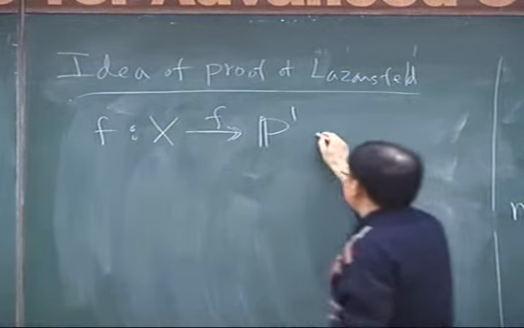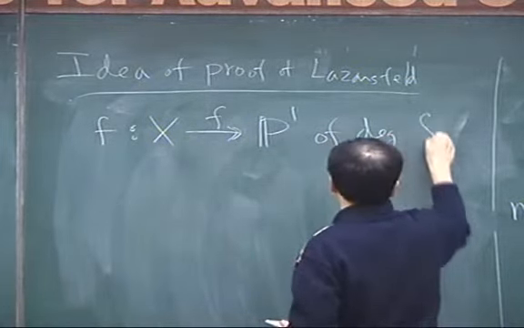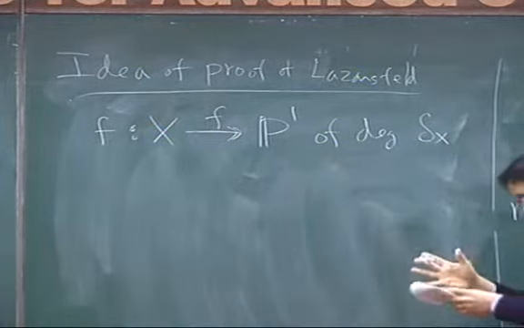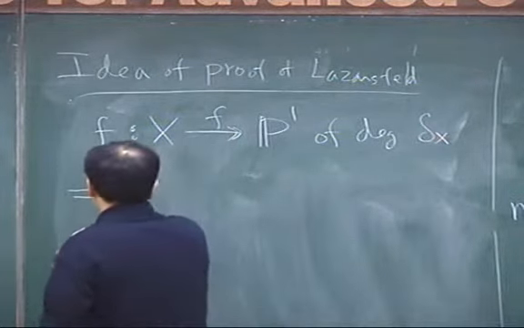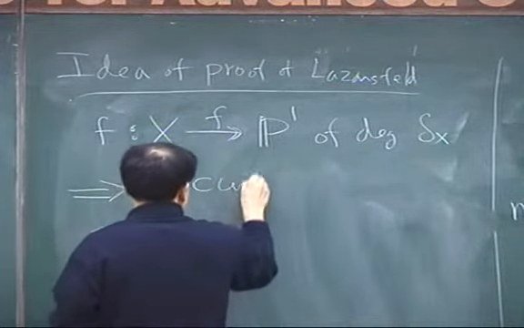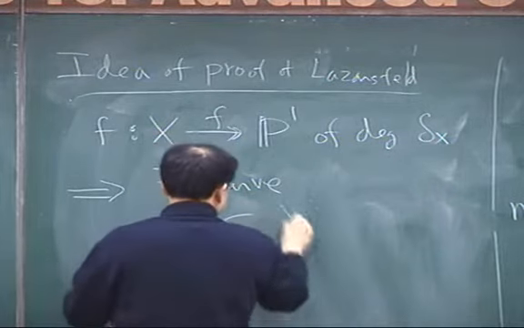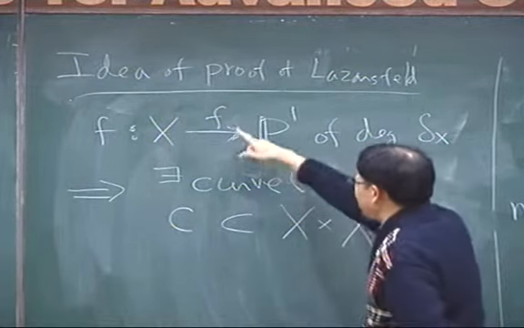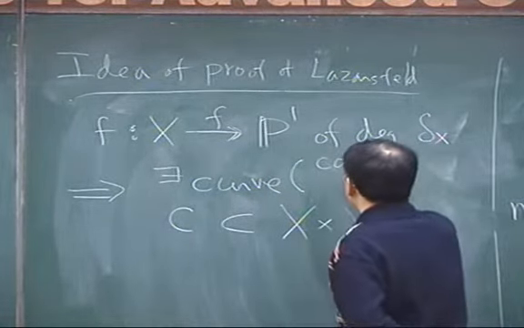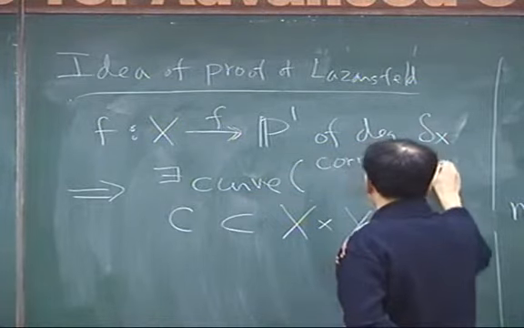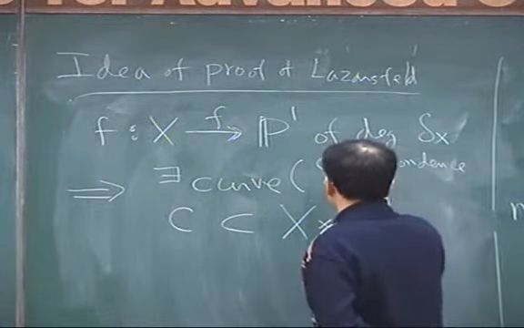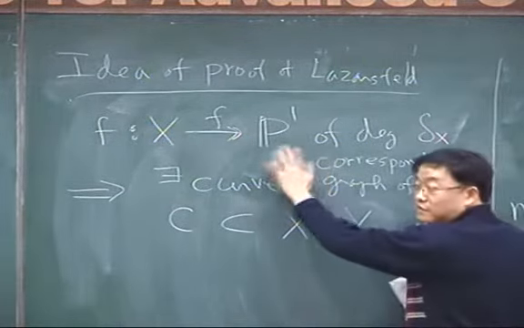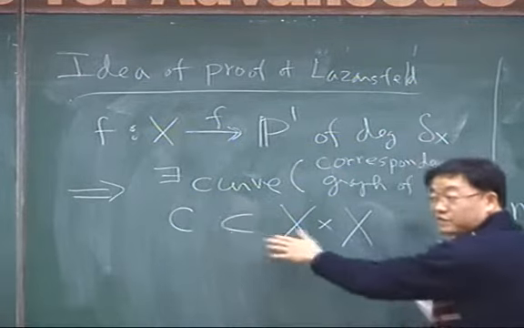Out of this, you can cook up a curve C inside X cross X, which corresponds to the graph of f. This is the correspondence graph: namely, two points which are sent to the same point.